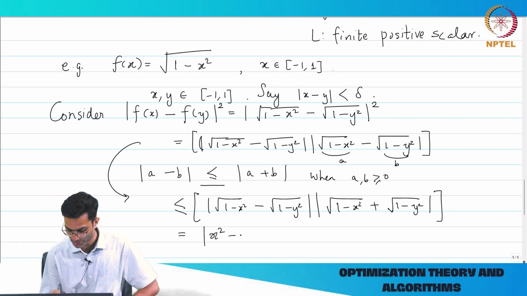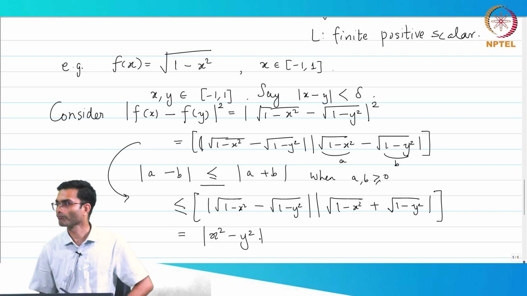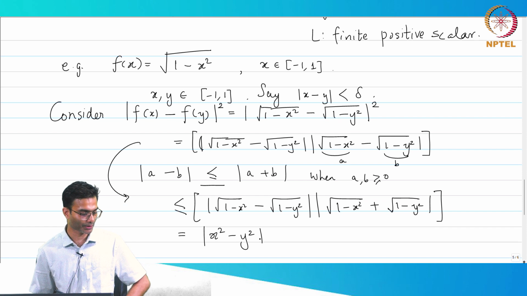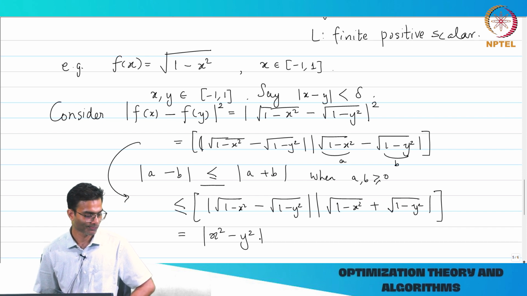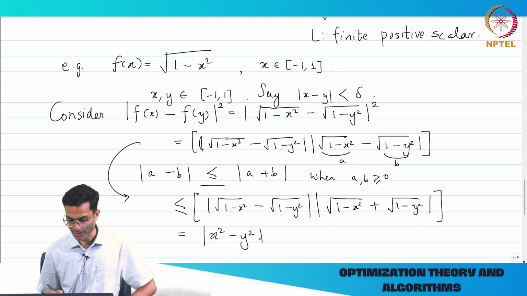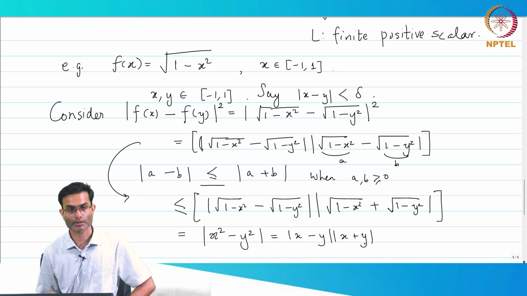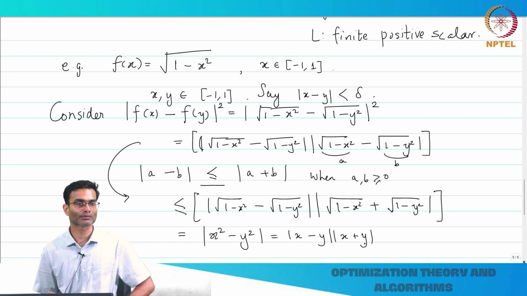X square minus y square, right? Anything else that I can do? Correct. So this x square minus y square can again be written as x minus y times x plus y, right? Now can I bound this further?